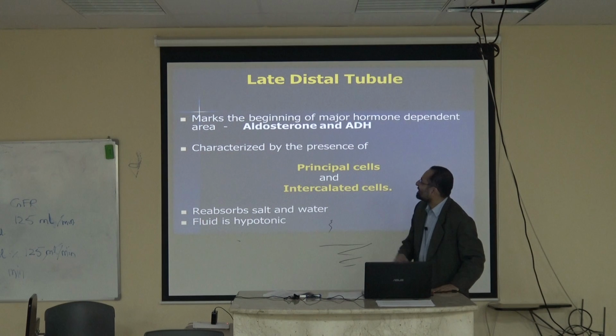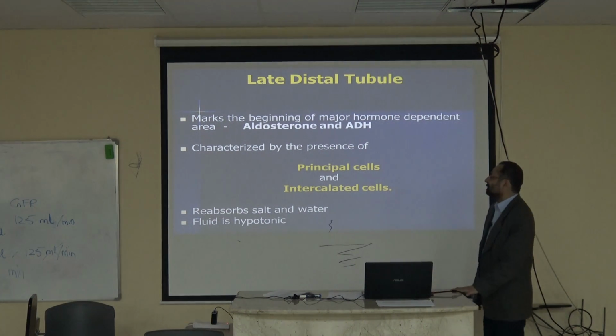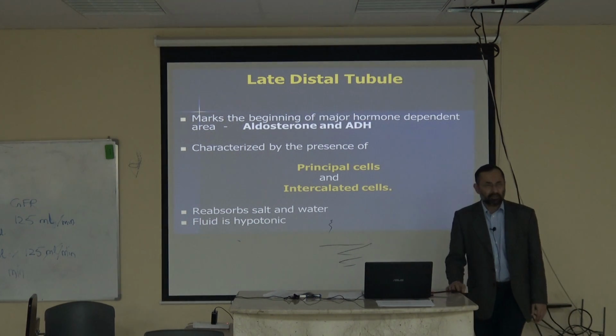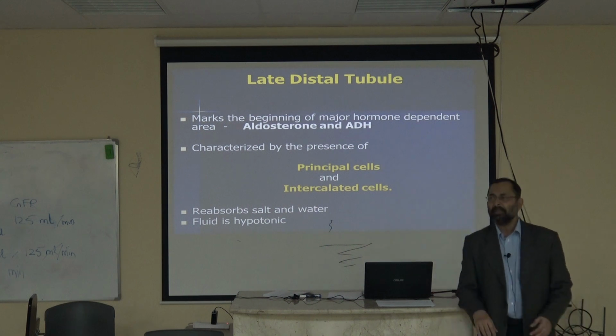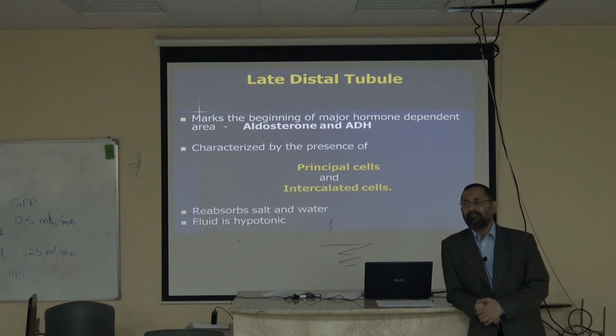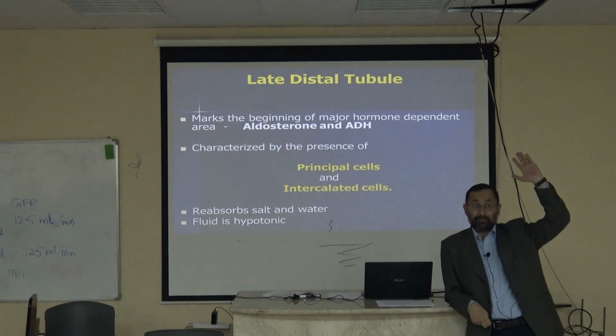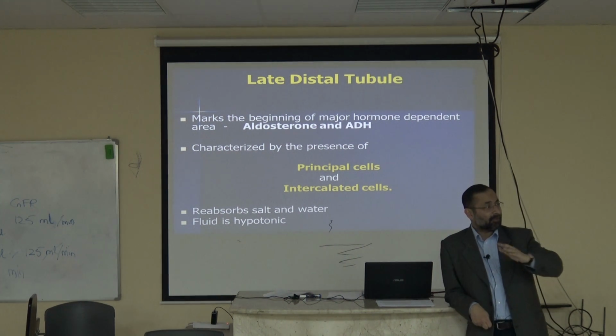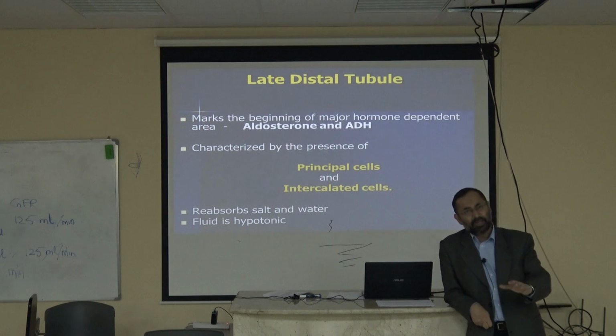Alright. Late distal tubule reabsorbs the salt and water, definitely, but even then, if both salt and water is reabsorbed, the fluid still remains a little hypotonic. Not as hypotonic as before, but still, because salt and water are moving, it will remain hypotonic.